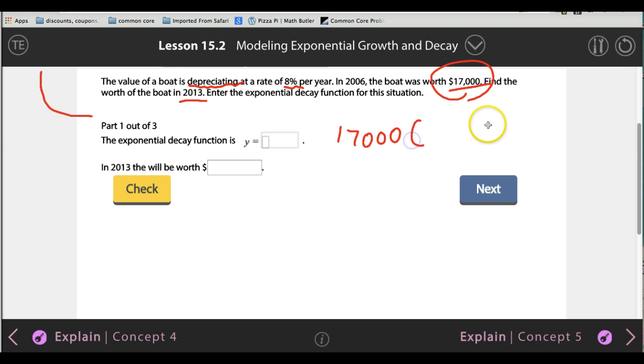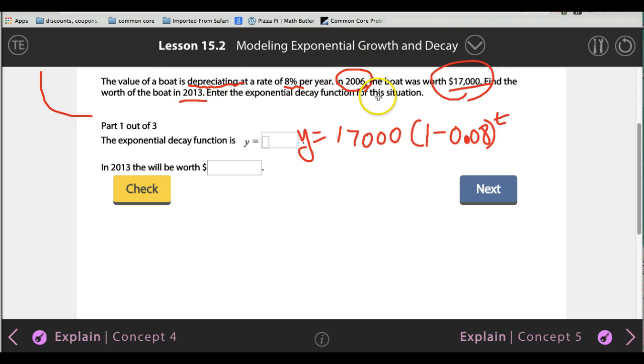And then we're going to multiply what? It's decay, so we have to subtract 8%. 1 minus 0.08 raised to the power of time, and that's what y is equal to. But for time, what are you going to put? The beginning was 2006, but now they want to know the price for 2013.